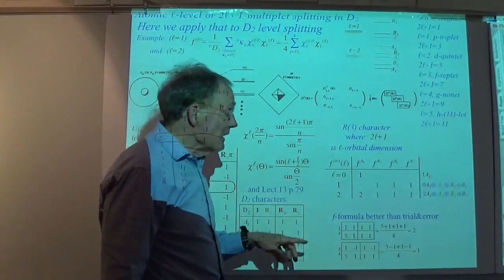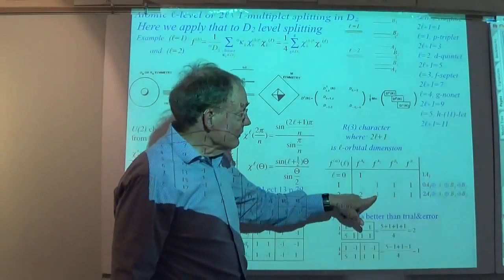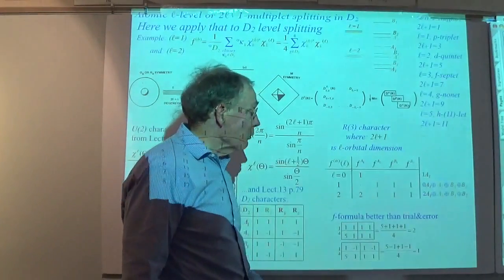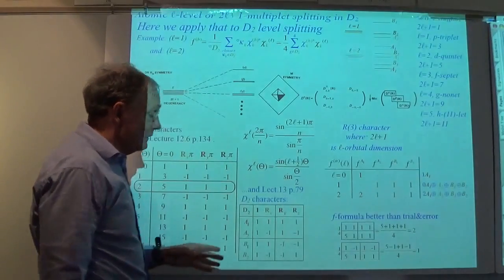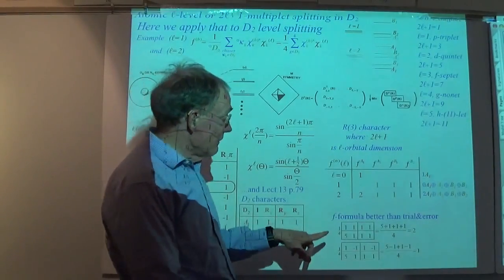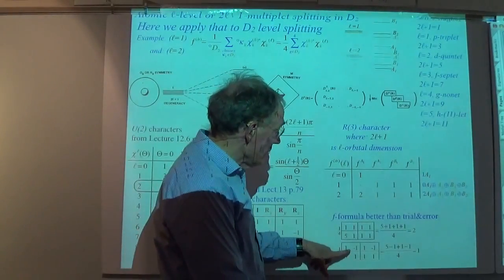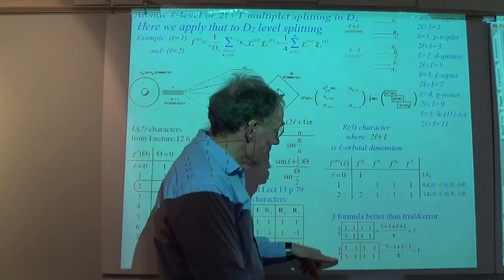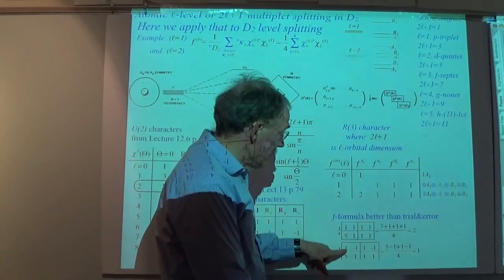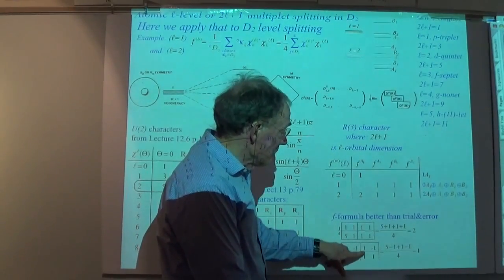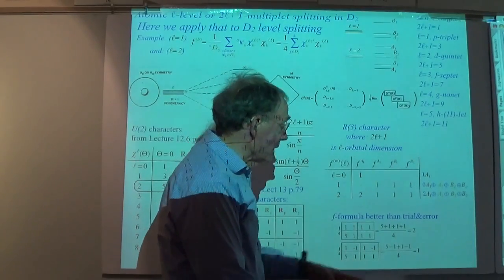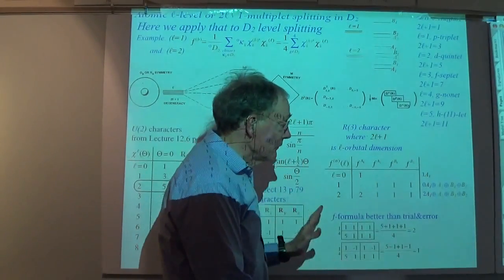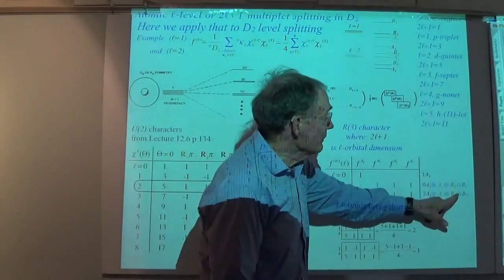Then the other ones, and they're all the same, I can get the same thing for all of them at once, because they all have the same characters over here with respect to this rotation in 3 dimensions. And I get a scalar product here of 5 minus 1 plus 1 minus 1. So that's 5 minus 1 is 4. 4 divided by 4 is 1. Every one of them has 1 frequency repeat.